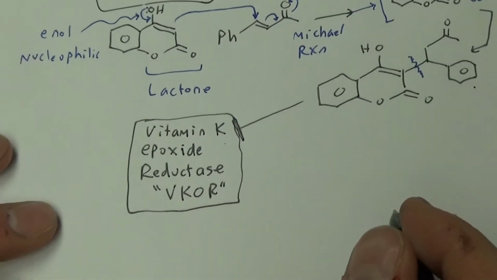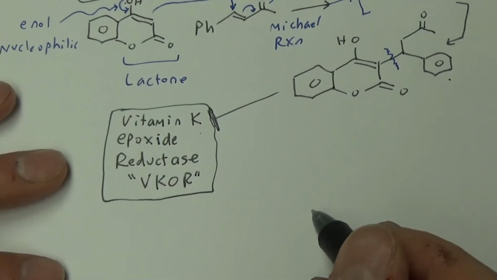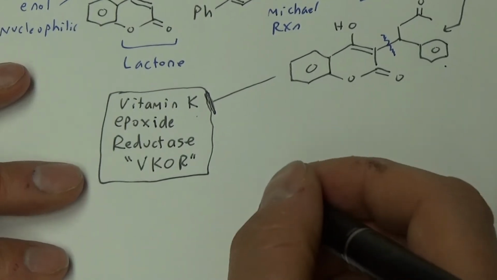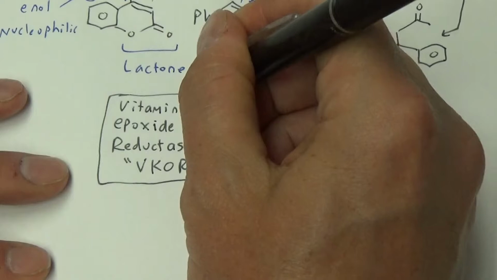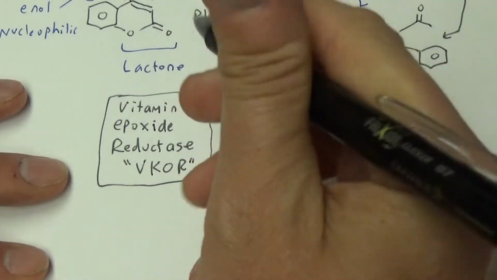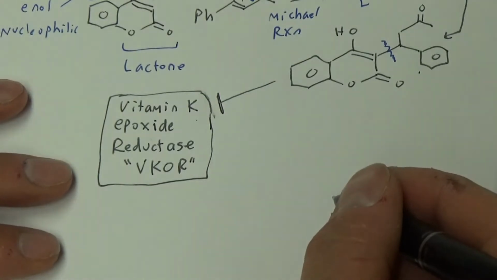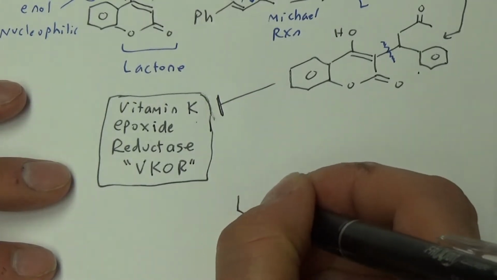It's going to take essentially a molecule called vitamin K epoxide. Let's draw that out. And then it's going to reduce it, and that's going to ultimately lead to a reduction in blood clotting factors. So vitamin K epoxide, I'm going to draw that first, is this molecule.